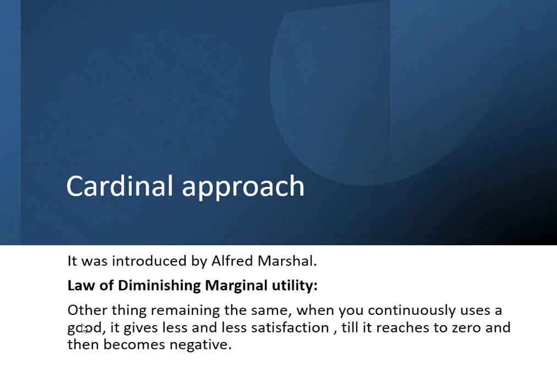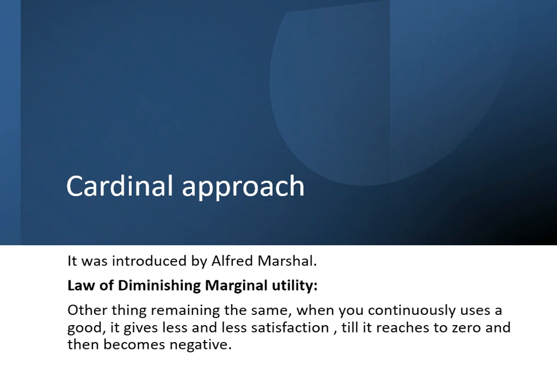As you know, before making any law or any theory in economics, we have to make certain assumptions, or we have to take certain things as constant. We sometimes call them ceteris paribus. Without making any assumptions, we cannot predict any law in economics.